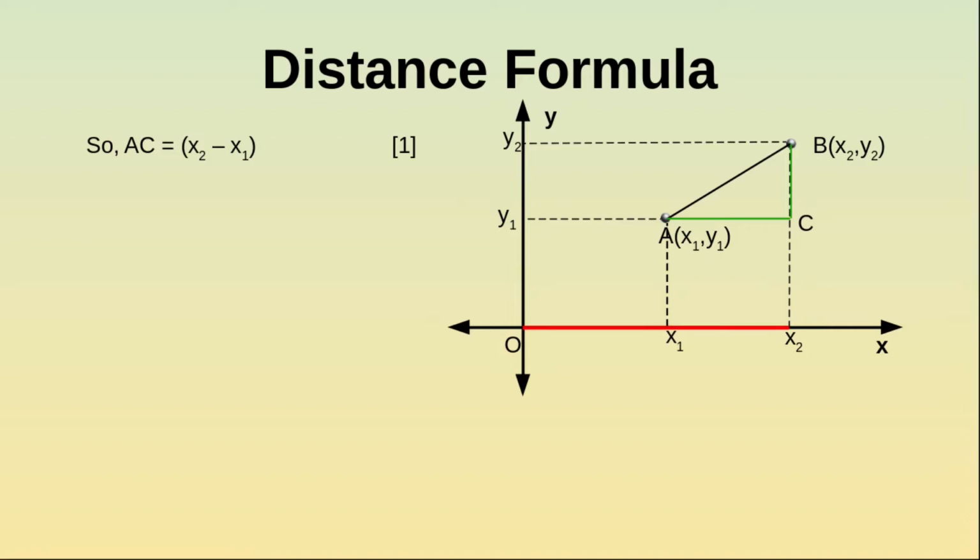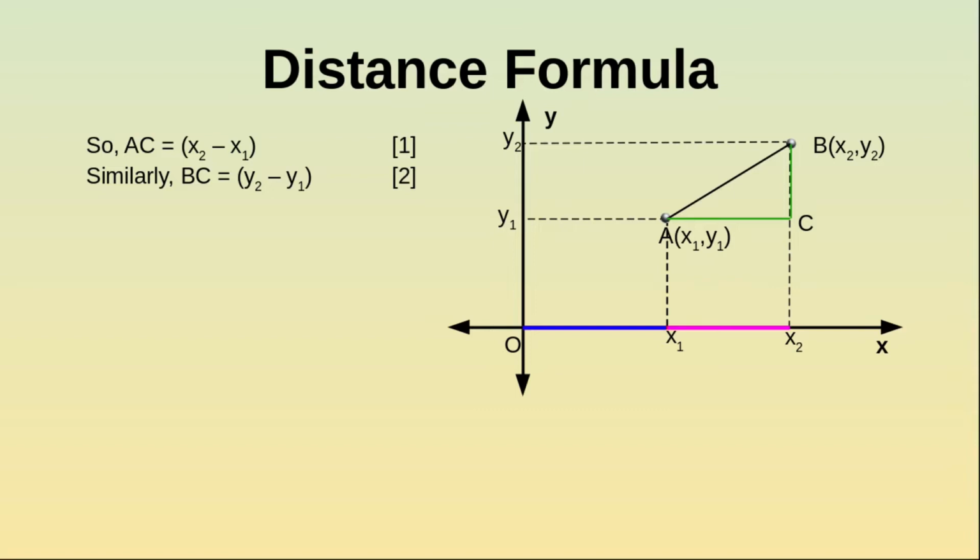Now this red line is showing the distance of x2 and this blue line is showing x1. From these two lines, we are seeing that our x2 minus x1 represented by this violet line, which is equal to AC. Now we can do similar reasoning for BC, and we may obtain BC is equal to y2 minus y1.